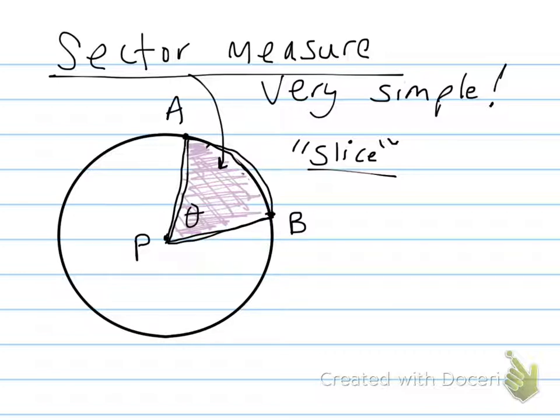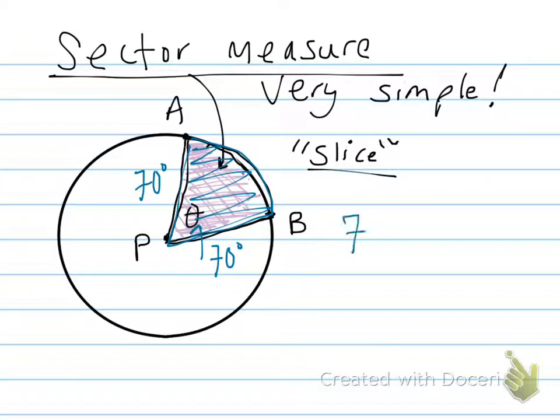So we measure a sector, right? We're not finding its area, but its measure is simply the same number as the number of degrees that opens up in the middle, or central angle, to make it. So for example, if this central angle is 70 degrees, then we can say that this entire sector also represents 70 degrees of the circle. Not 70%, but 70 degrees.